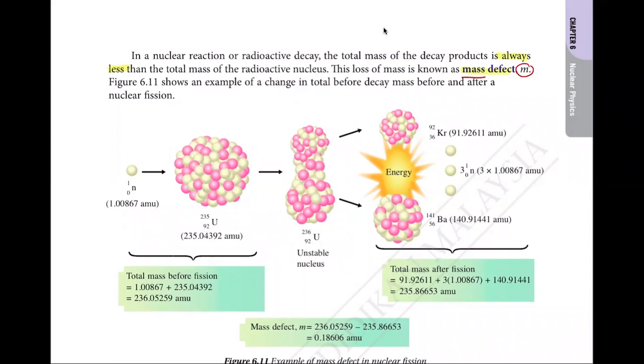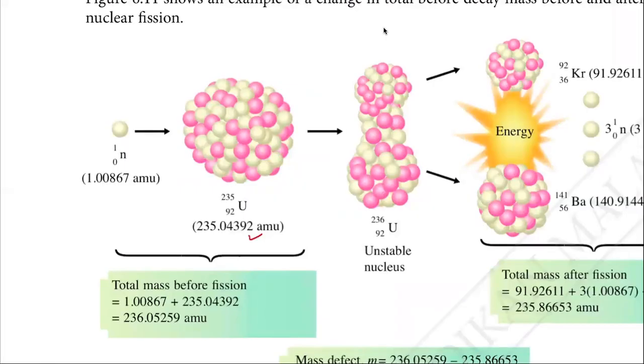So we start with a uranium atom, uranium 235. The specific value of the mass of the uranium is 235.04392 AMU.